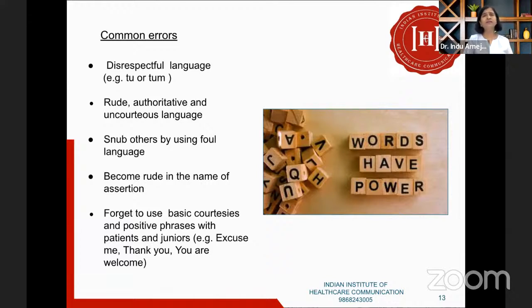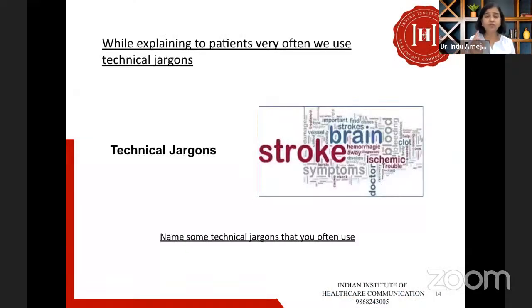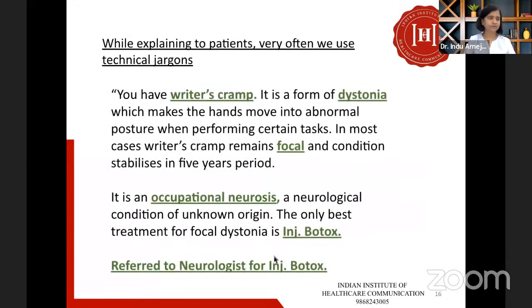Another common mistake that we make when interacting with patients is that we use a lot of technical jargon. I think you will agree with me. So if I show you the next slide: I had developed writer's cramp and had gone to the orthopedician, and then he sent me to the neurologist.